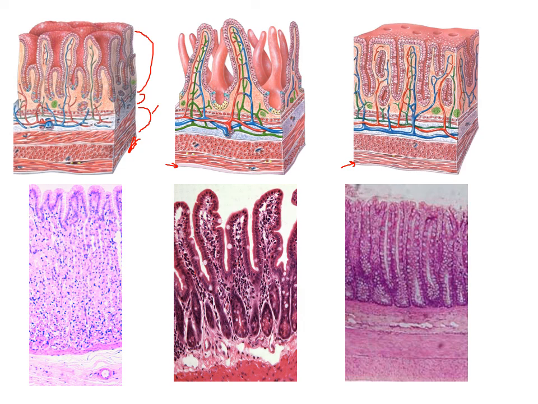So of these 4 layers, a big key on some of this stuff is going to be this muscularis. The muscularis all along the alimentary canal is going to have 2 layers. These 2 layers are what is going to allow for us to move food through this long tube.